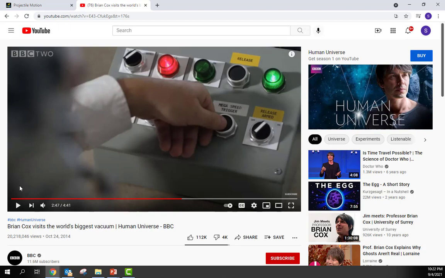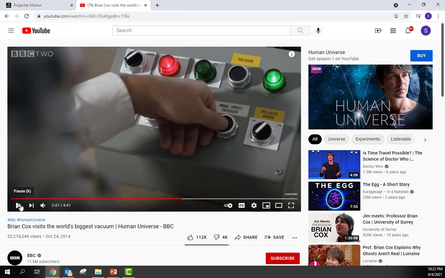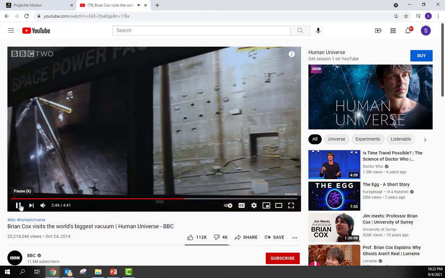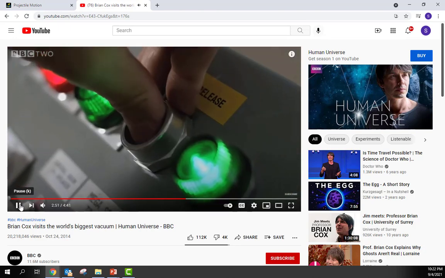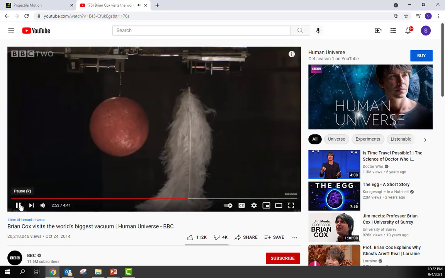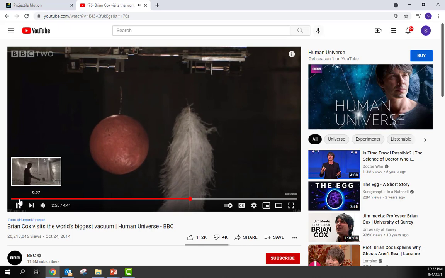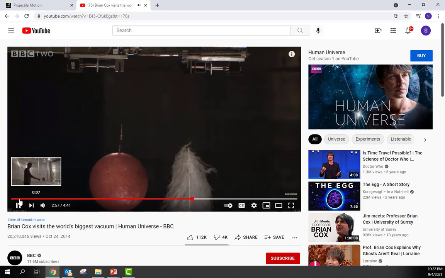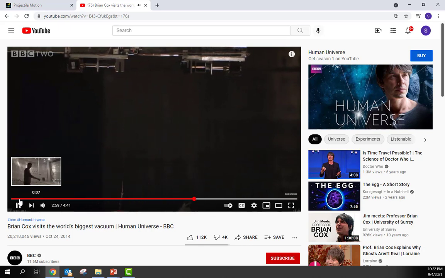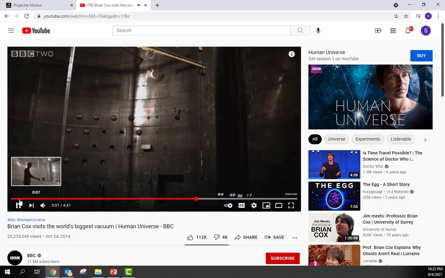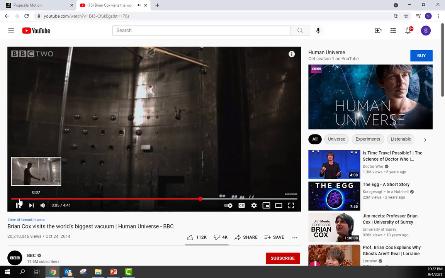But air resistance has now been removed because they've pulled a vacuum. They've pulled all the air out of this large chamber. Cameras on, 2, 1, release. And quite nicely, with air resistance removed, you can watch the bowling ball and the feather fall perfectly in tandem with each other.